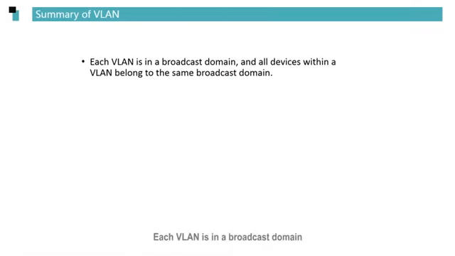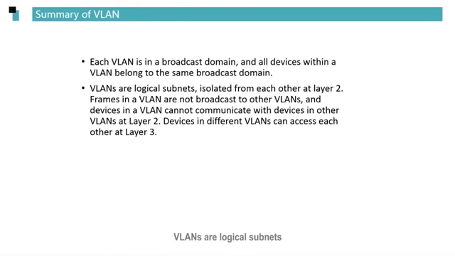Each VLAN is in a broadcast domain, and all devices within a VLAN belong to the same broadcast domain. VLANs are logical subnets, isolated from each other at layer 2. Frames in a VLAN are not broadcast to other VLANs, and devices in a VLAN cannot communicate with devices in other VLANs at layer 2.